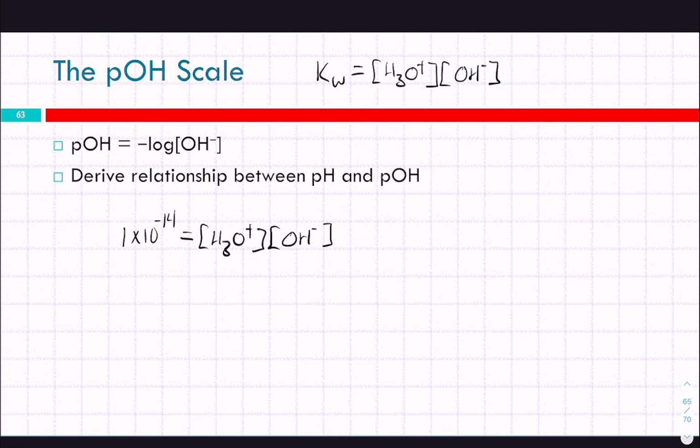So we can do the exact same thing that we do for pH here, and we'll just take the negative log of both sides. So negative log of 1 times 10 to the negative 14. I'll write the step in. Negative log 1 times 10 to the negative 14. And then the negative log of these two things multiplied together.